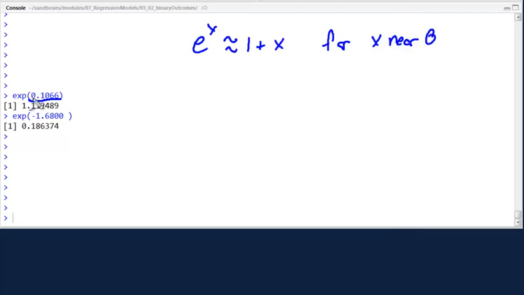So if this coefficient is small, like in this case 0.11, you can kind of just do the exponentiation yourself, and it almost just represents the increase, if it's positive, the percent increase. So if you exponentiate it, you get 1.11, as we would expect, about exactly 1 plus x.